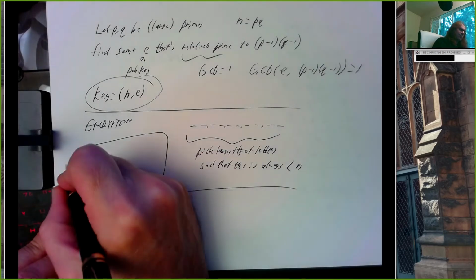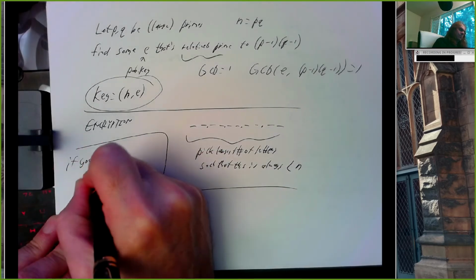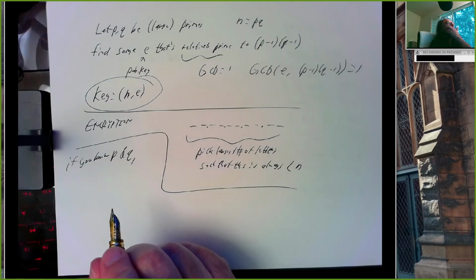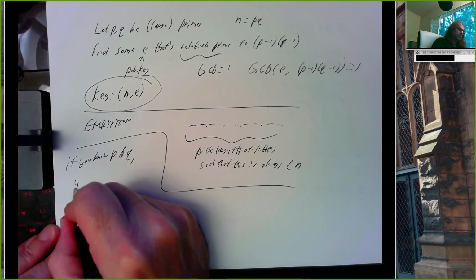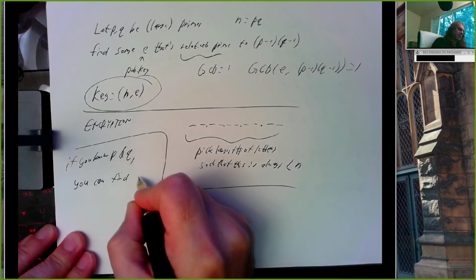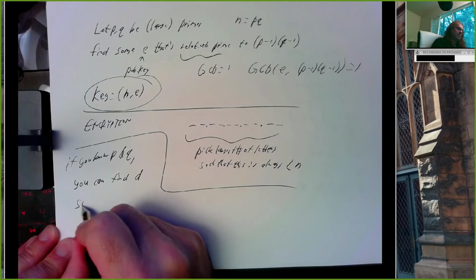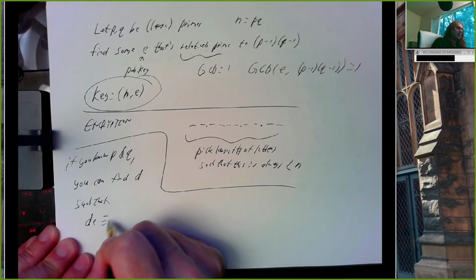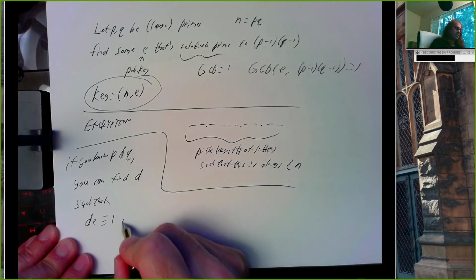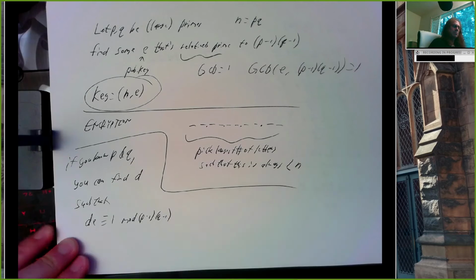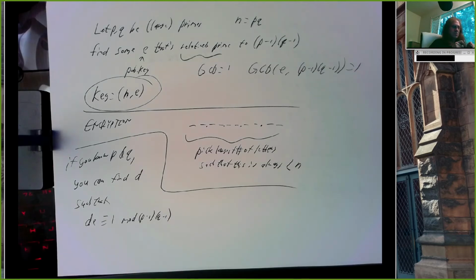So if you know p and q, you can find an integer d such that d times e is congruent to 1 modulo p minus 1 times q minus 1. All right, how do we do that?